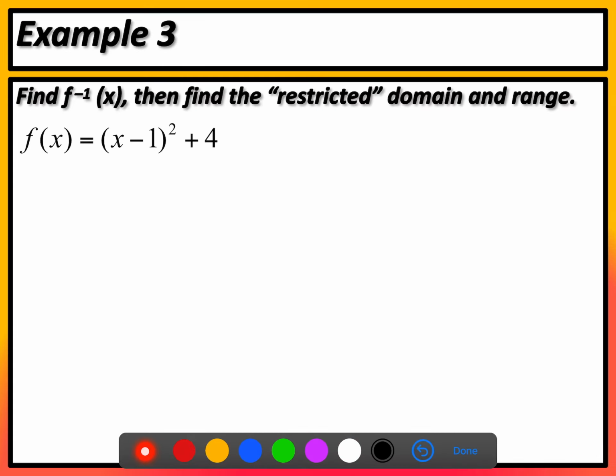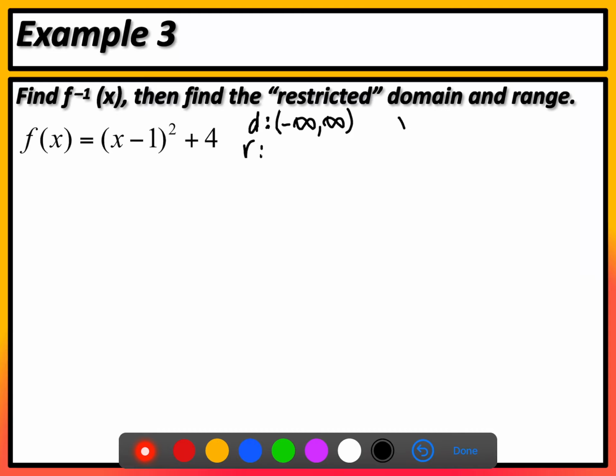All right, so one more, finding the inverse. Okay, so this is a quadratic. So the domain should be negative infinity to infinity. And the range is going to come from the y value of the vertex.